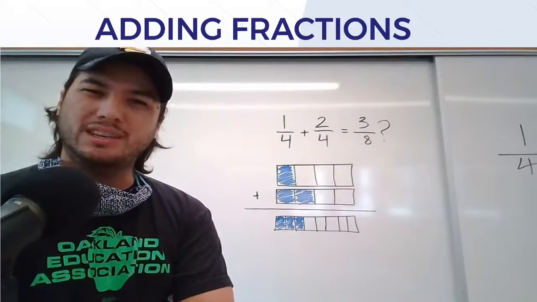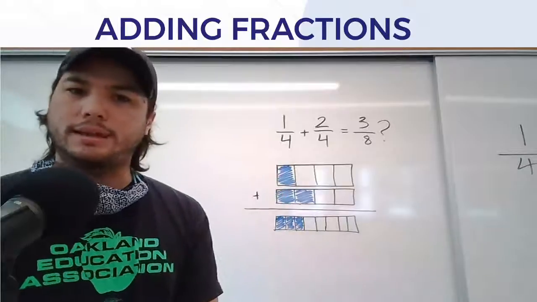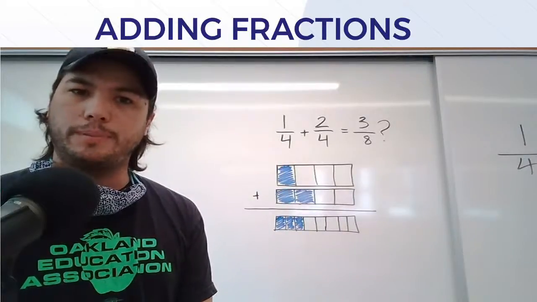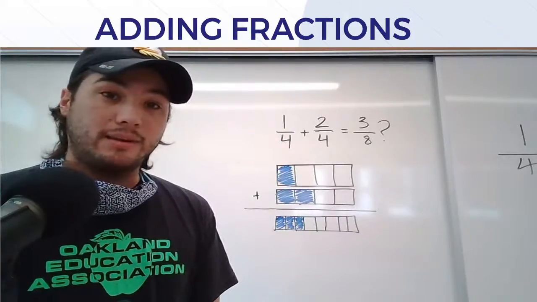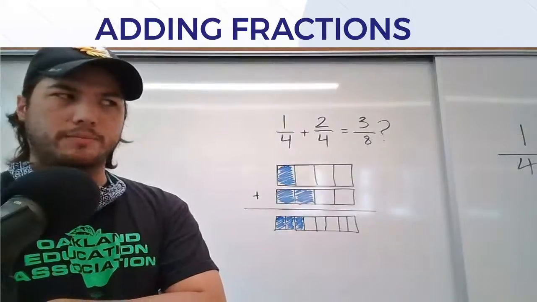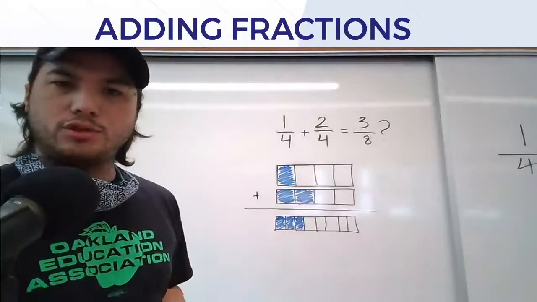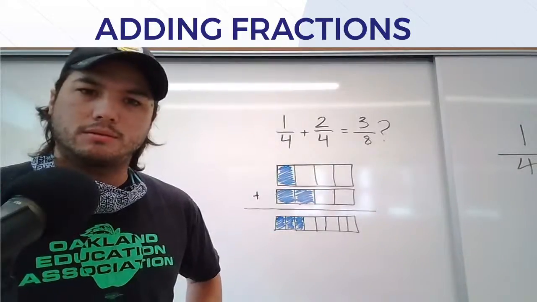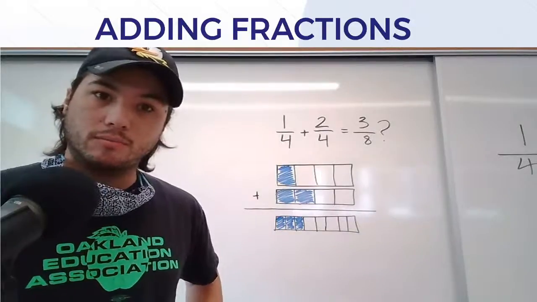Doesn't quite work and doesn't give us an accurate answer for what these 2 quantities added together actually would be. Okay? Let's think logically here. If we have one of these pieces and we add 2 more of these pieces, logically we should have 3 of those pieces, right?